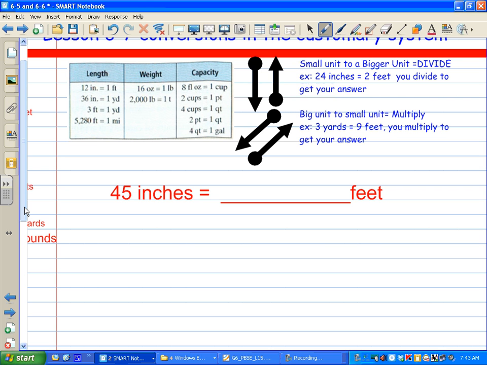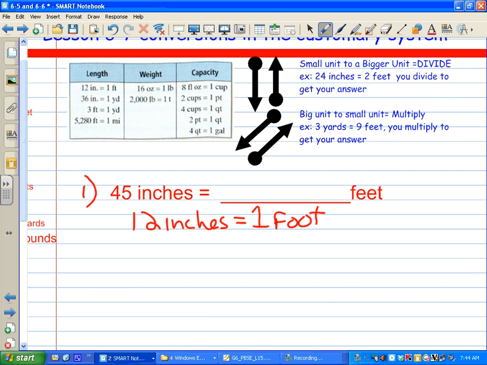The first thing I do is I rewrite my problem out. 45 inches equals so many feet. Okay? Pretend I rewrote this in my notebook. Then I state the conversion I know, the fact I know. And the fact that I know is that 12 inches equals 1 foot.